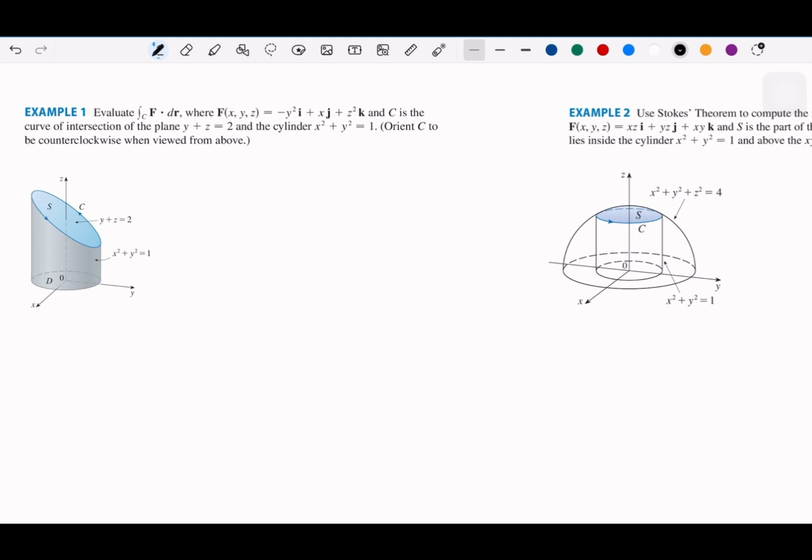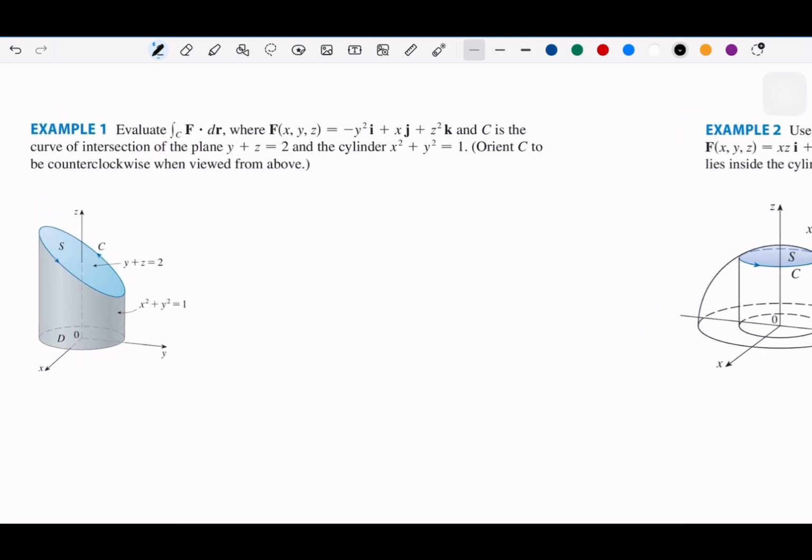So if we want to evaluate this, the question is the line integral F dot dr, and we have F. Practically we can find the curl F, and C is the intersection of the plane y plus z equals 2 and the cylinder x squared plus y squared equals 1.